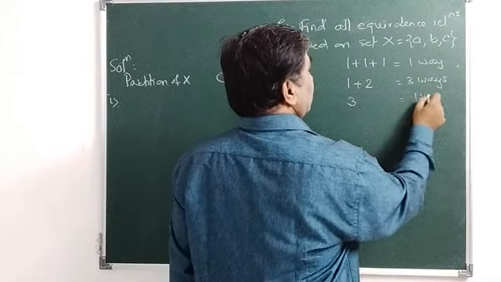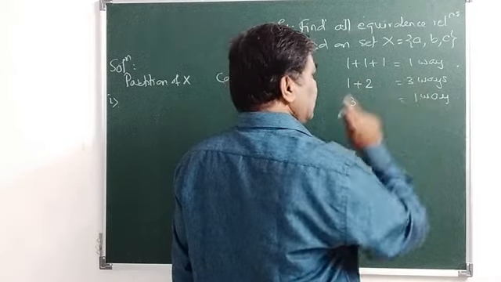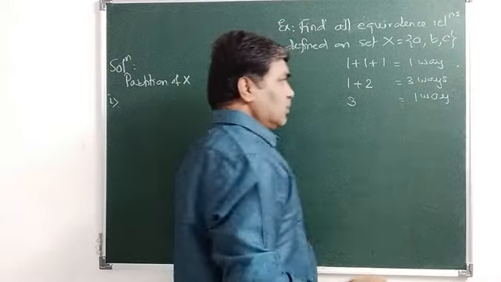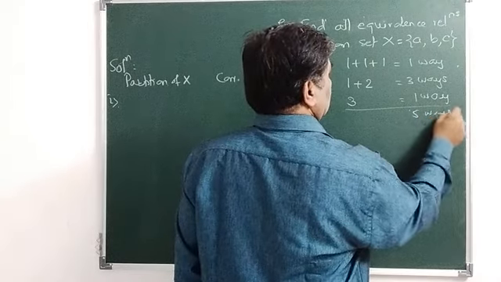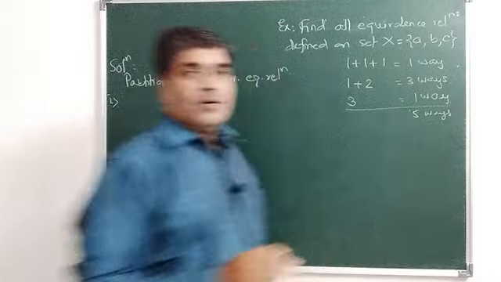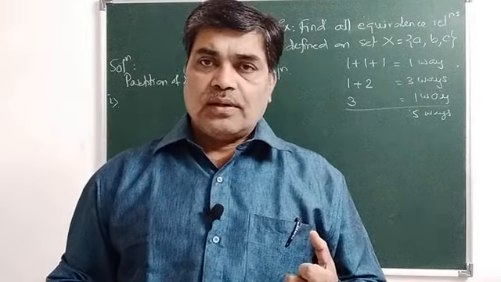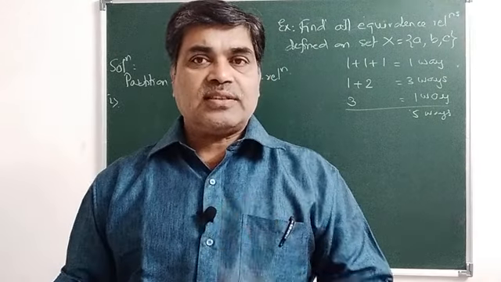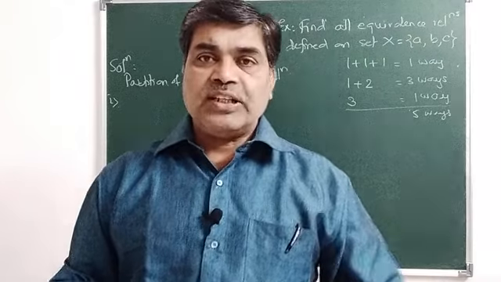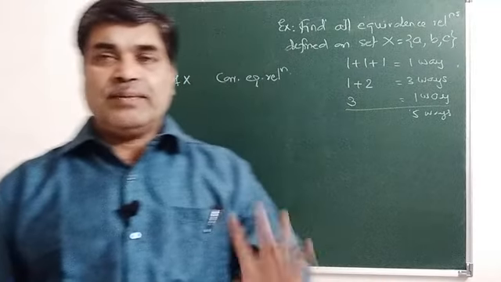This is just one way. So 1 plus 3 plus 1, 5 ways. So 5 distinct partitions are possible on a three-element set, and so there exist precisely 5 equivalence relations defined on a three-element set.